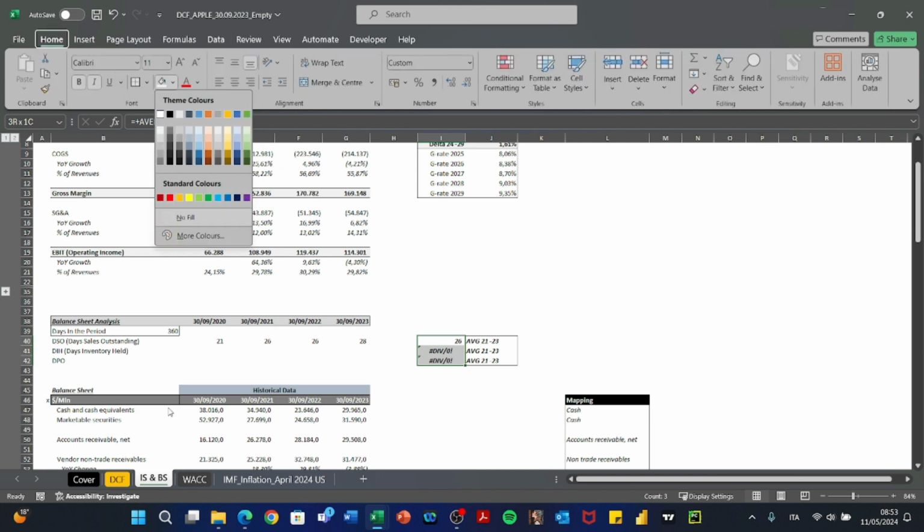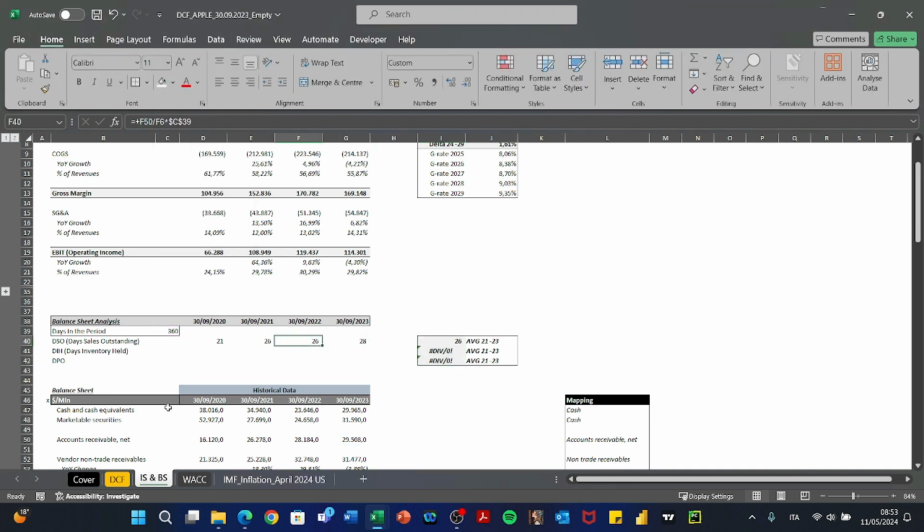Let's now calculate the days inventory held and the days payable outstanding.